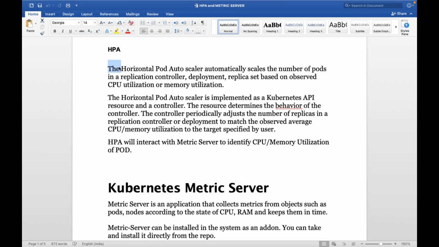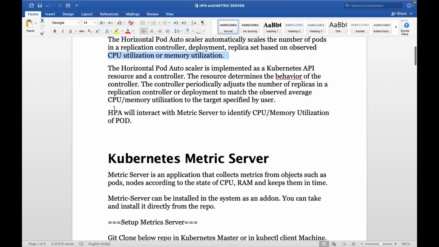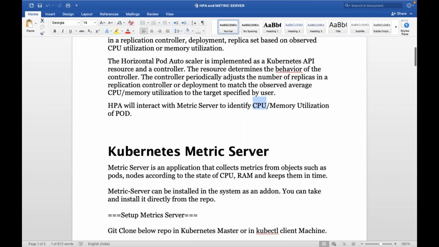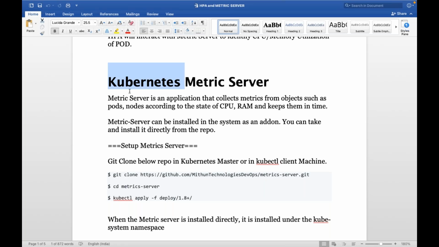As I already discussed, HPA automatically scales the number of pods of a replication controller, deployment, or replica set based on the observed CPU and memory utilization. Does HPA require metrics to take the decision? Yes, this HPA requires metrics to take the decision. So HPA will internally use metric server APIs to identify the CPU and memory utilization of your pods. So we need to have a metric server.